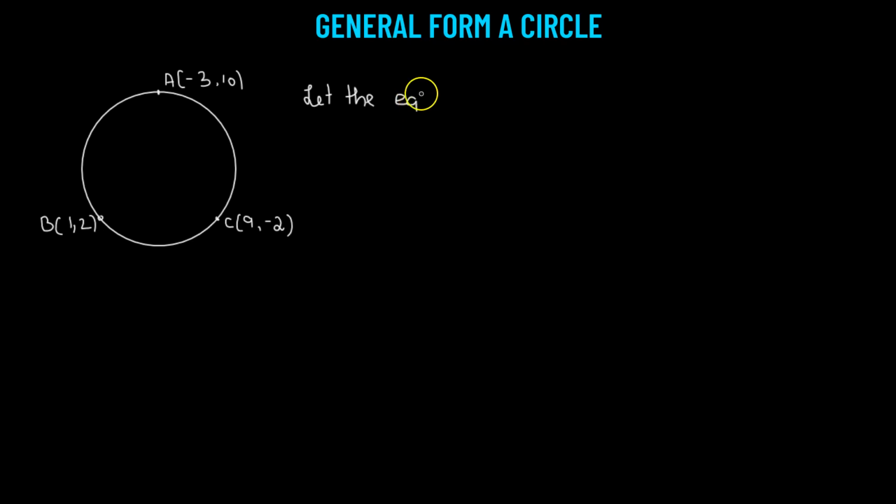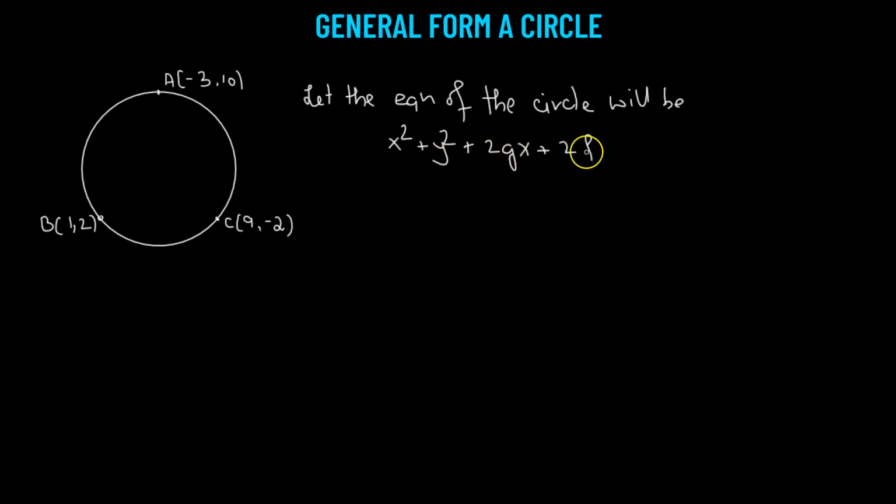We're going to use the general form of a circle: x squared + y squared + 2gx + 2fy + c = 0. We're going to label this as equation number 4. We've already used 1, 2, 3. And it passes through the 3 points A, B, and C.